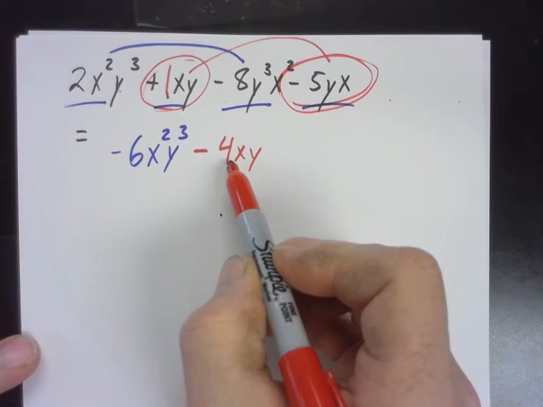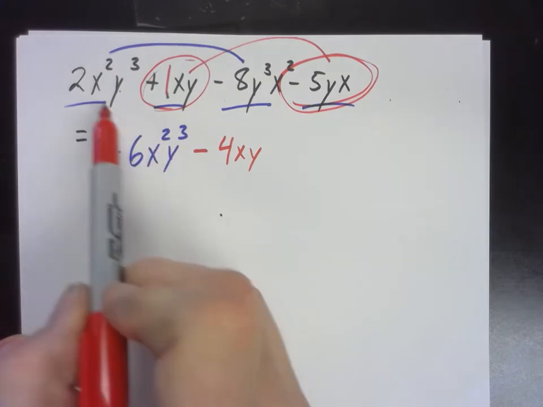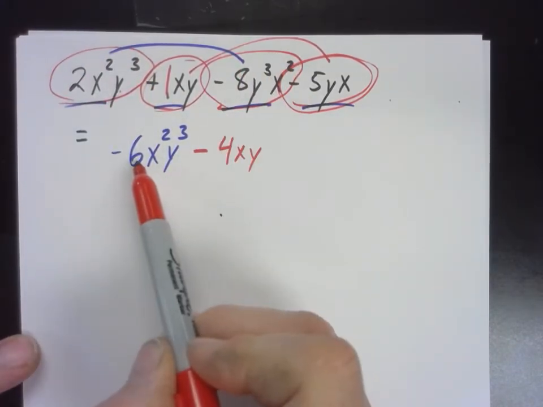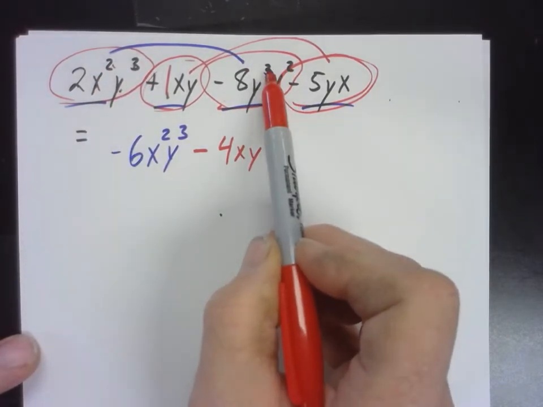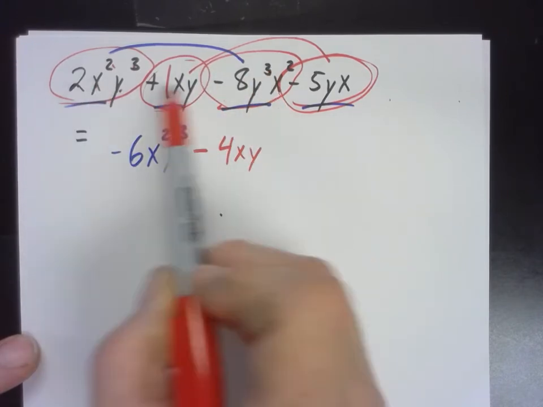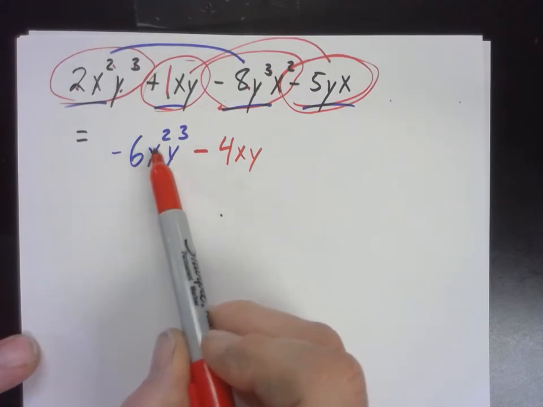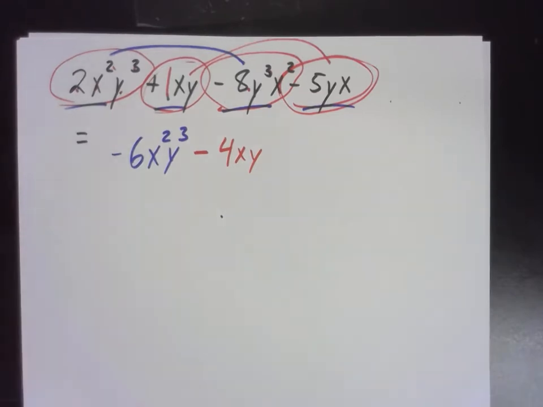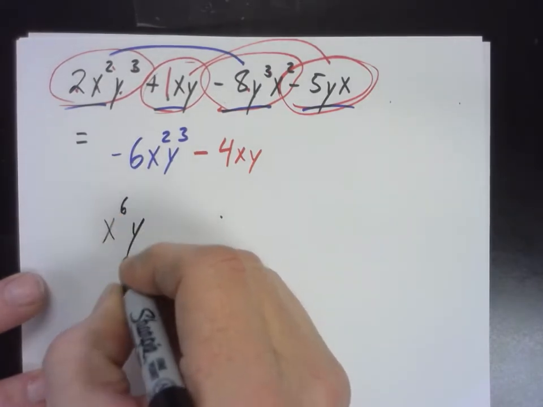I took the 2 and the negative 8 and put them together for negative 6, because this one's x squared y cubed and this one's x squared y cubed. So because they were like terms, I just put the numerical coefficients together, and then it's times x squared y cubed. This is a lot more confusing than I thought it would be. It's not as bad. You're going to do it a couple more times, and you're going to go, oh, all right. Okay, let's try this one.